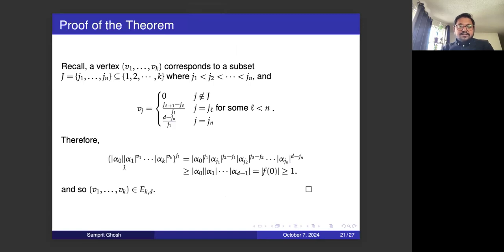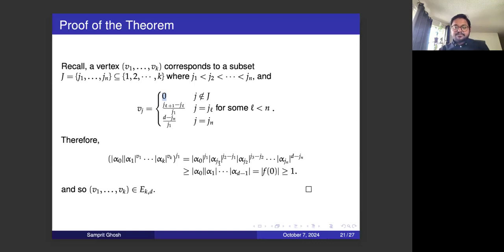So now if we look at this alpha 0, alpha 1 to the v1, alpha k to the vk, and just because all these denominators have j1, let's take it to the power of j1. If we do that, what do we get? We get, see, for j not in capital J, the exponents are 0.